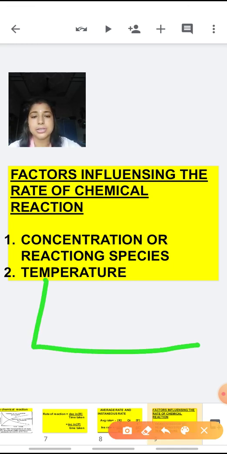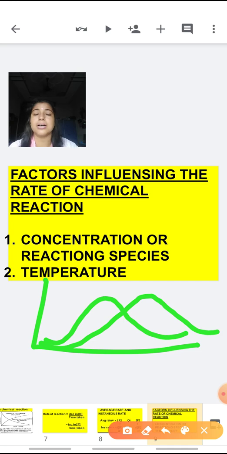In class 11th, you remember we have done the Maxwell-Boltzmann distribution of molecular energies. A curve was there. If we relate this curve to that also, you have seen that the curve was like this in the beginning, and if we increase the temperature by 10 degrees, the curve shifted towards the right hand side.